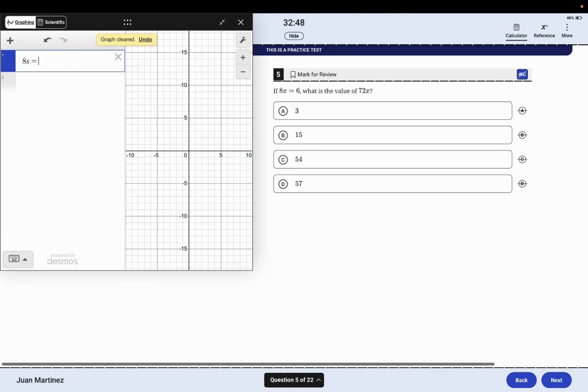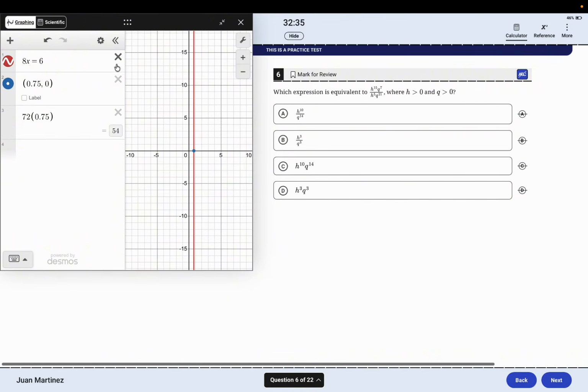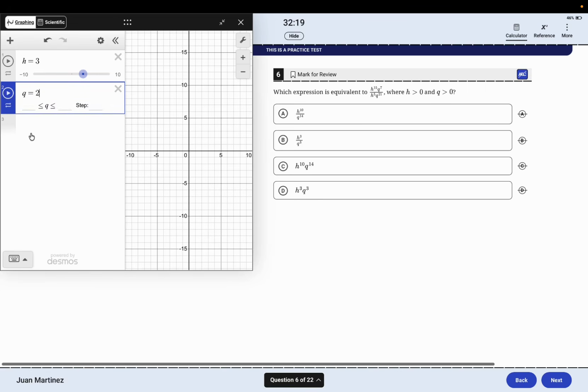So if 8x is that, we get our x is 0.75, 72, 0.75, so we get 54. Okay, so for this one, we have a couple different conditions. All you need to do is just meet the conditions, right? So for me, let's just say I set h to 3. And let's say I set q to 2.